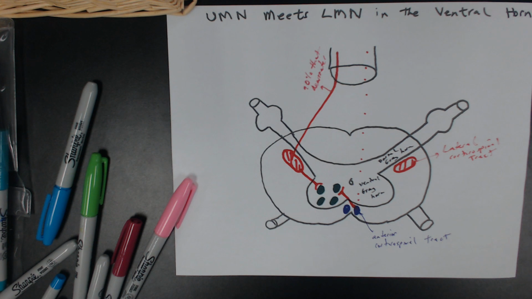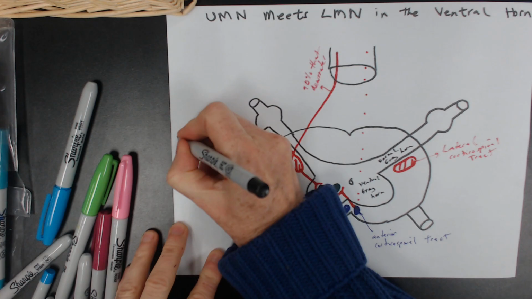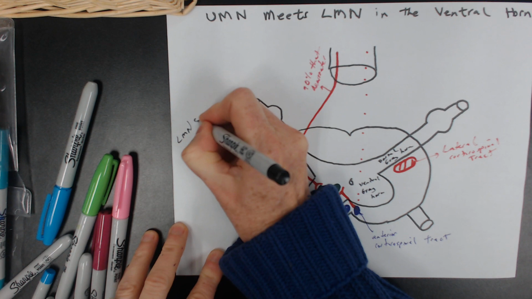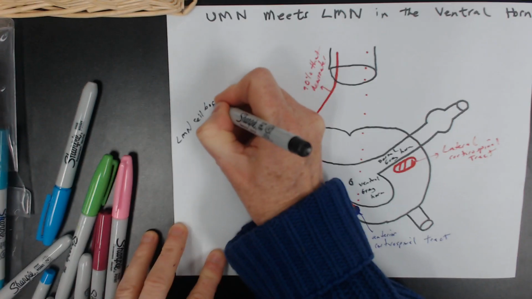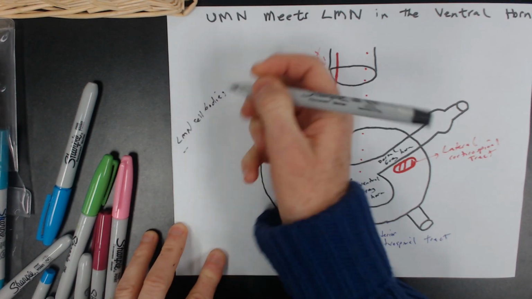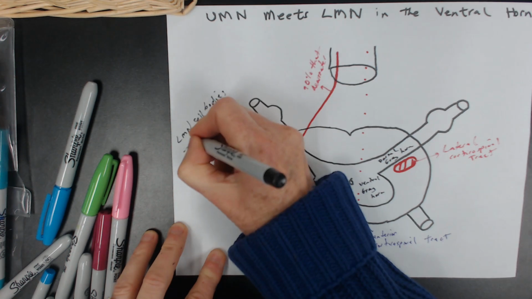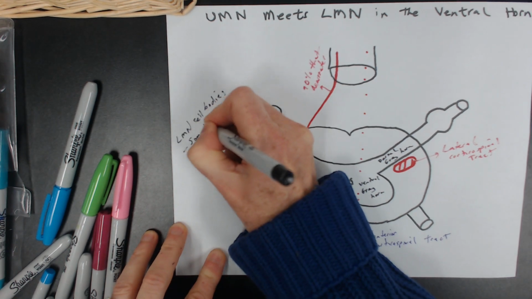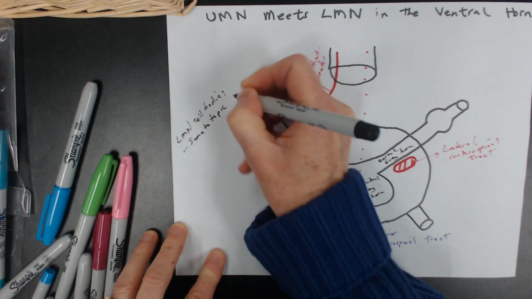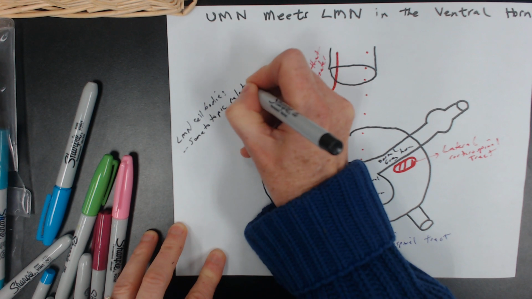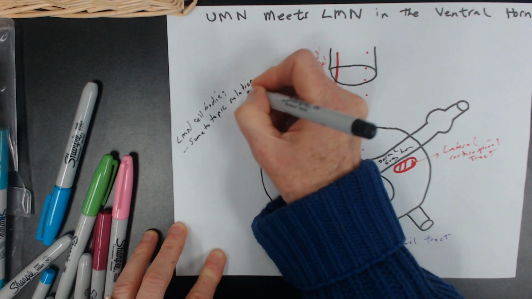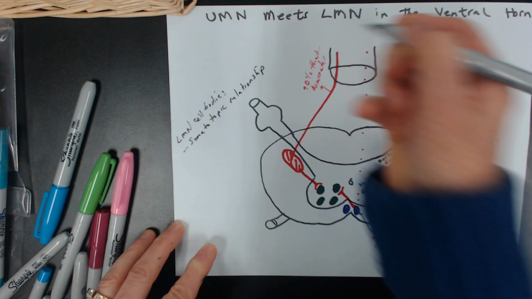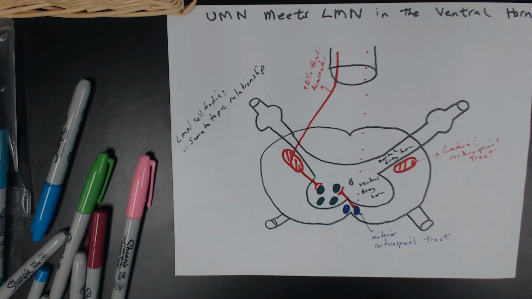These lower motor neuron cell bodies in the ventral gray horn have a somatotopic relationship. Okay, so they have a specific position within the body.